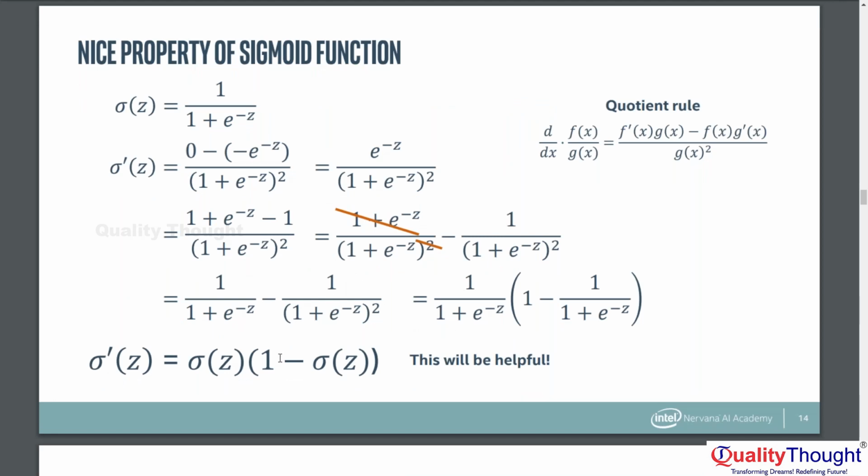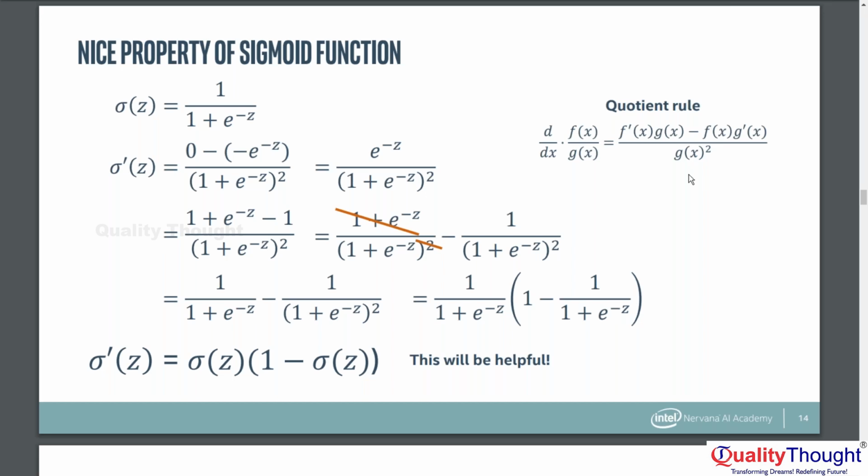So guys, we should be clearly able to understand the sigmoid function, the sigmoid function of the logistic regression. When we apply the derivation for it, the derivative of this sigmoid function results in 1 divided by 1 plus e power minus z, into 1 minus 1 divided by 1 plus e power minus z.